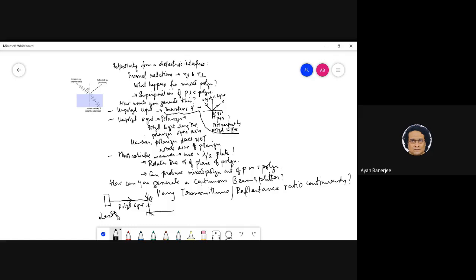Conceptually I had described this many times, but somehow again we have not followed properly. But conceptually, just think, given the fact that I told you that you can vary polarization continuously using this kind of a lambda by 2 plate, then what can you do?